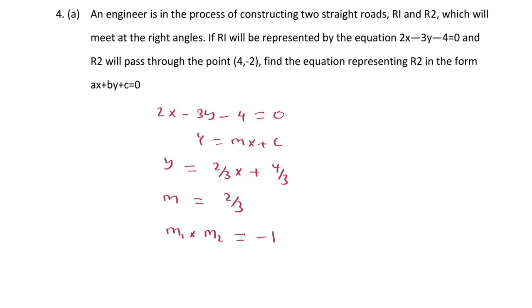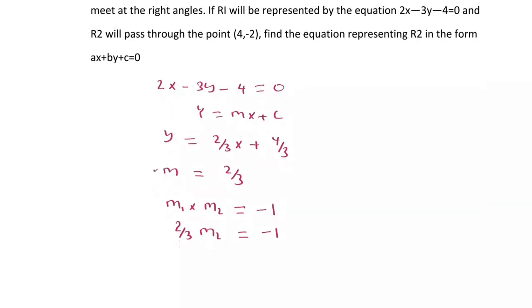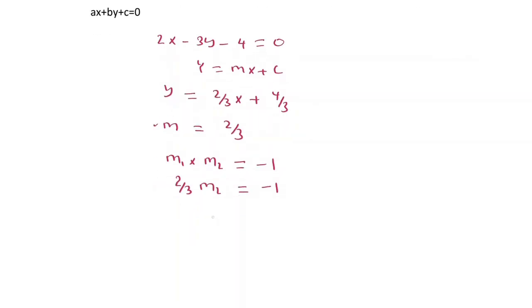Now let us substitute m1 with 2/3 in order to find the value of m2. Then our expression is going to be 2/3 m2 equals -1. Next, let us make m2 the subject. Our equation is going to be m2 equals -3/2.